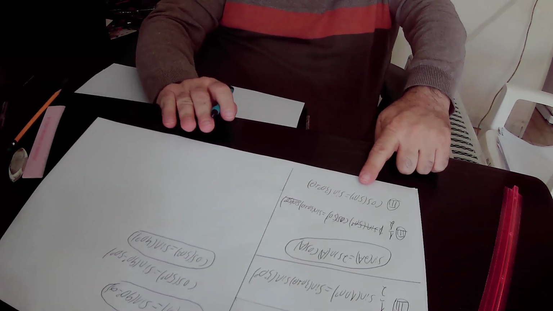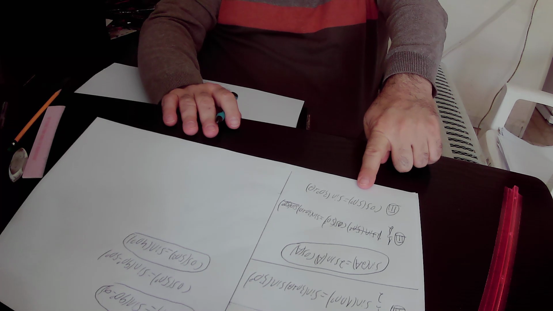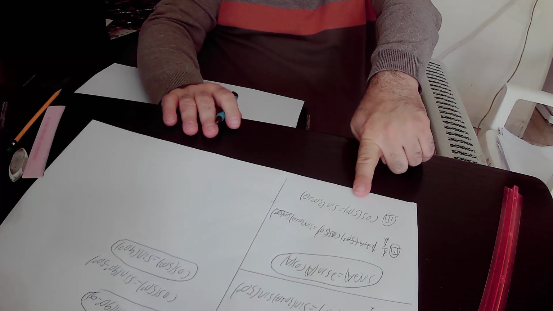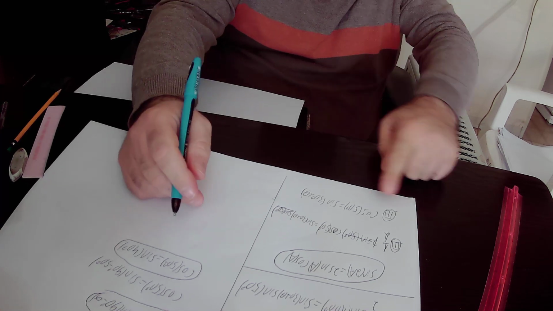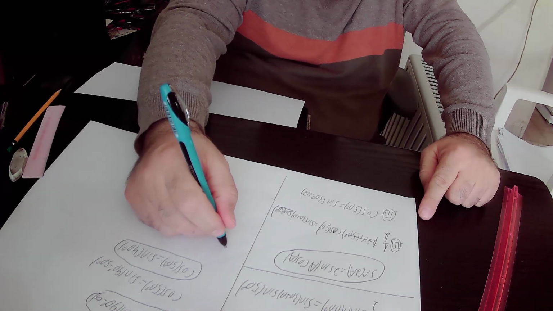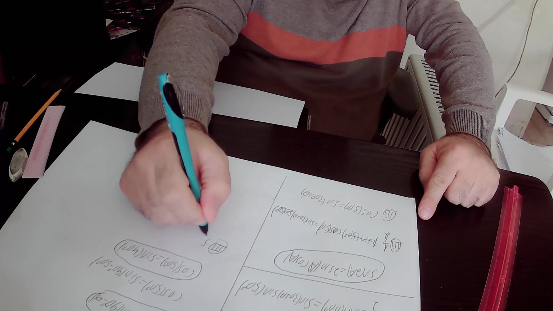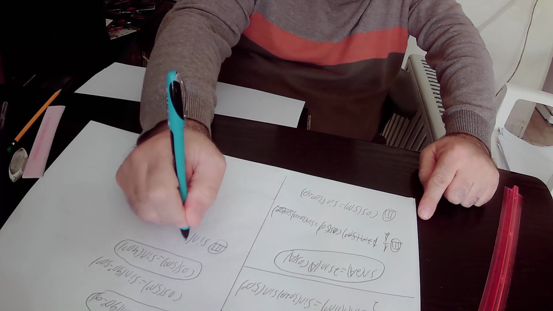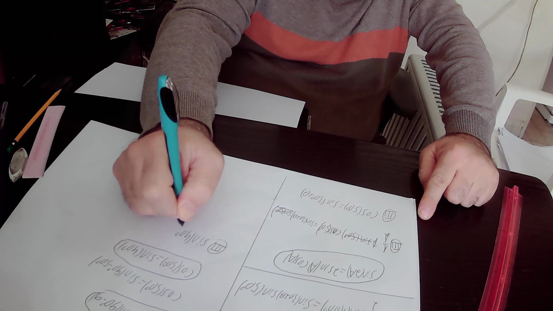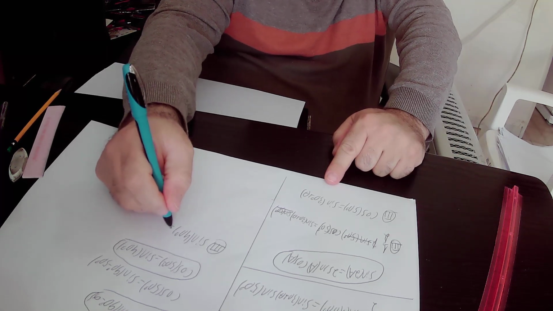Therefore, we can substitute cosine 50 degrees in this equation, equation number 3, by sine 40 degrees. We will do it now, and we will get that sine 40 degrees equals sine 30 degrees plus theta.